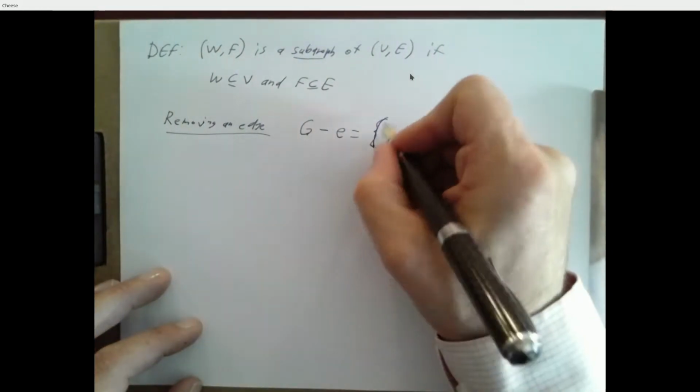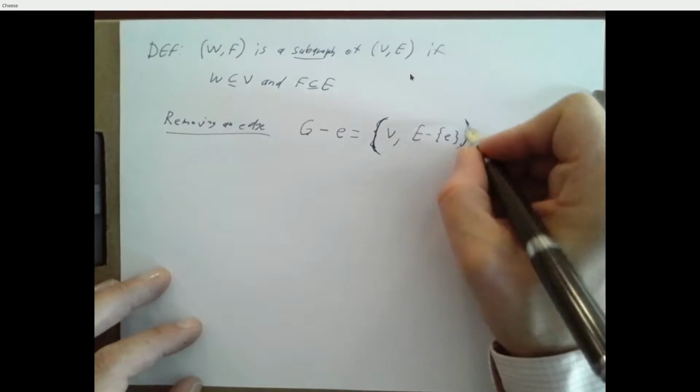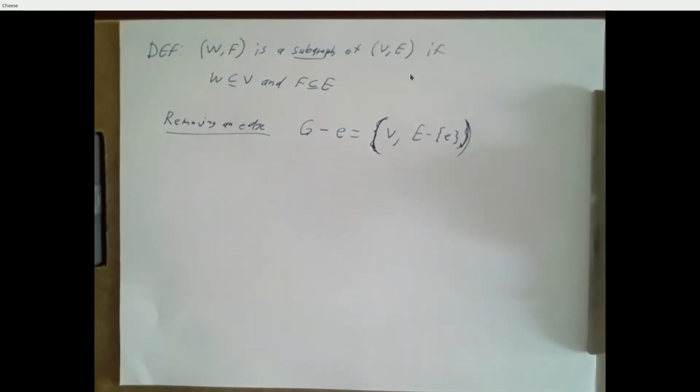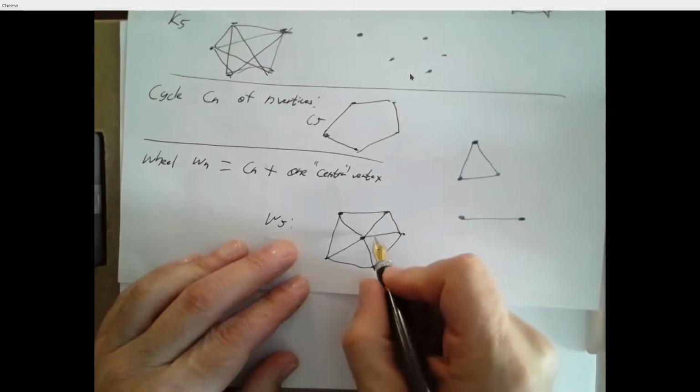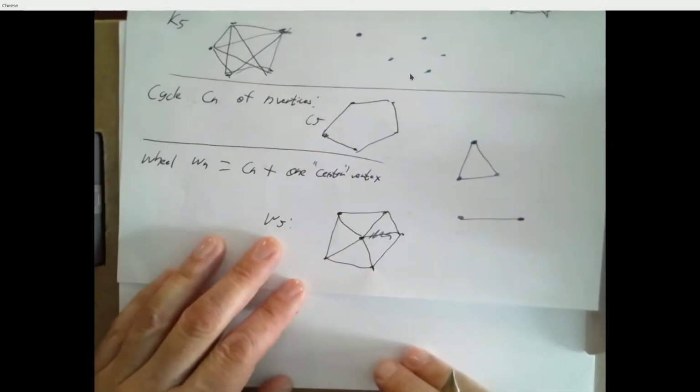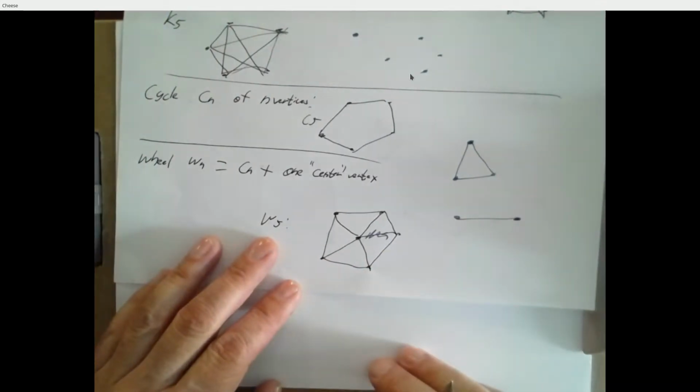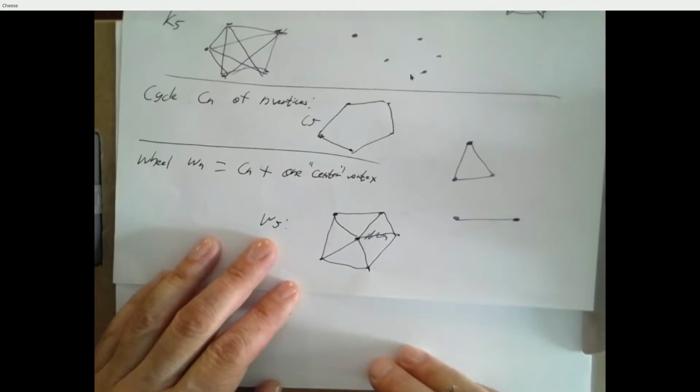Sorry, these are parentheses. The set of edges with that edge removed. So removing an edge is easy. Right? Here's a graph. If I want to remove this edge, I just remove it. Doesn't change the set of vertices. Right? It just takes one edge out of the set of edges.